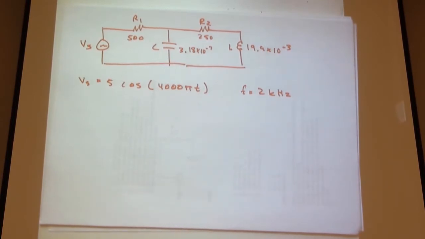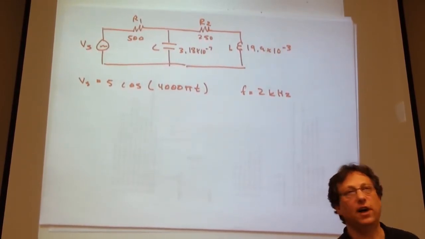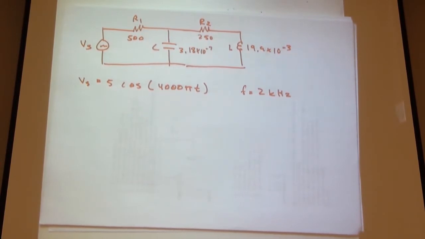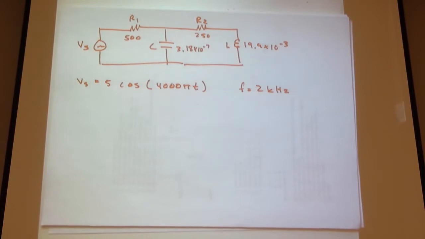One of the things we can ask is, what's the voltage across the capacitor? Well, now we have about 5 different ways of finding that out, some perhaps easier than others. This is a phasor analysis problem. If I asked you to find the voltage across the capacitor, what method would you choose?